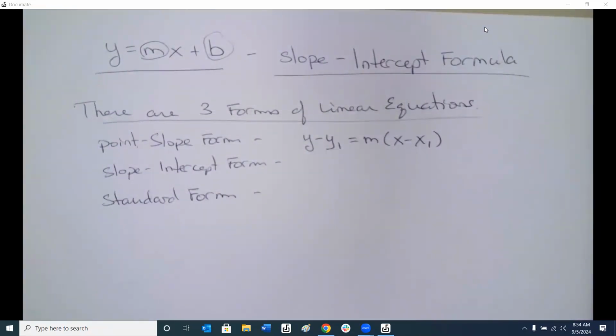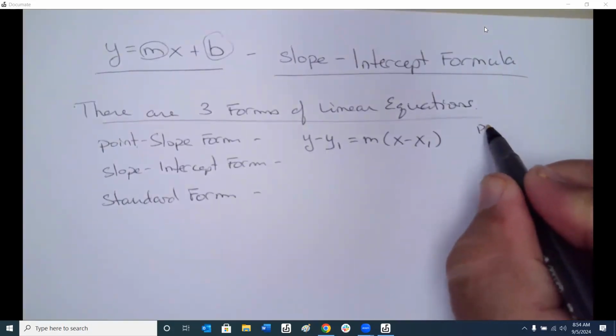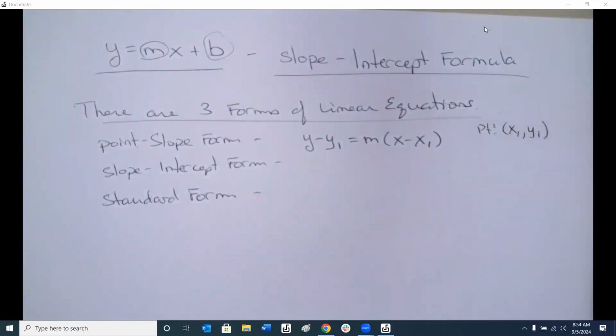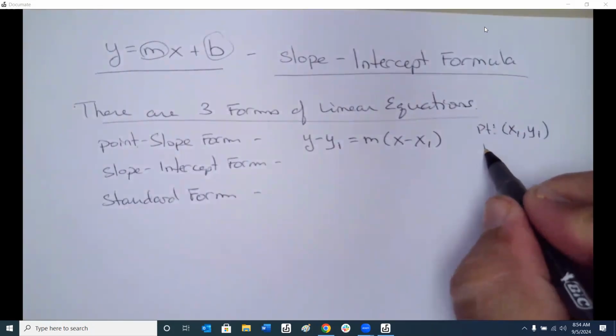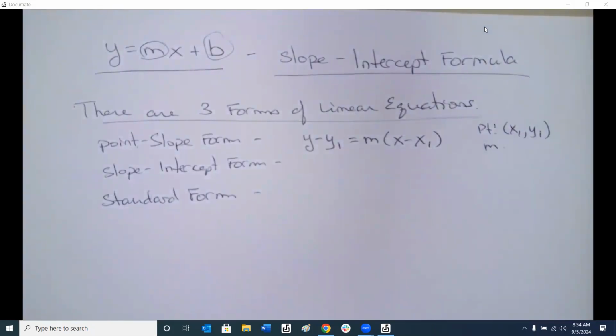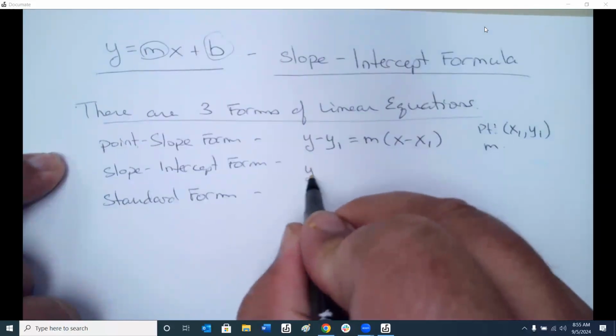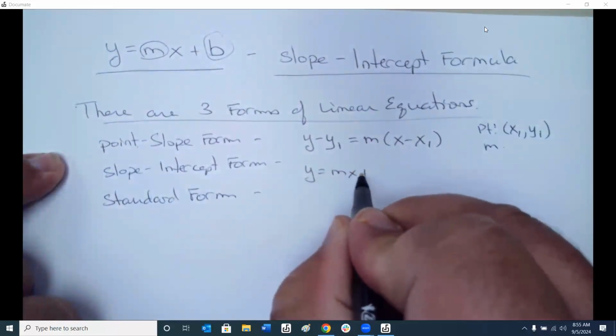I'll wait to write it down. Because it has a point, x1, y1, and it has a slope, m. We have the slope intercept up here, so it's y equals mx plus b.